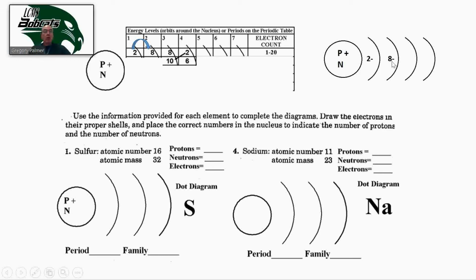When we got it full, we said, oh, we need to go to the third energy level. So when it's full, we went over to the third energy level, and we could add up to 8 more. And we went down and did potassium and calcium, and we could add 2 more valence electrons on the 4th energy level.